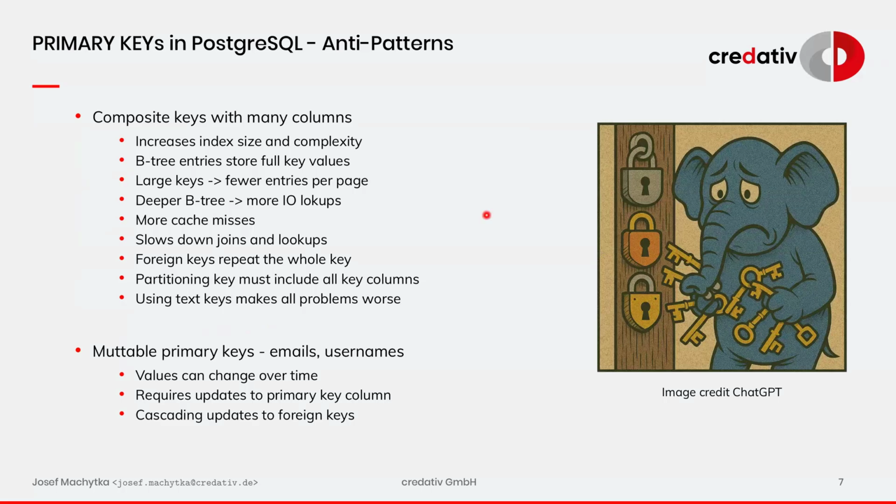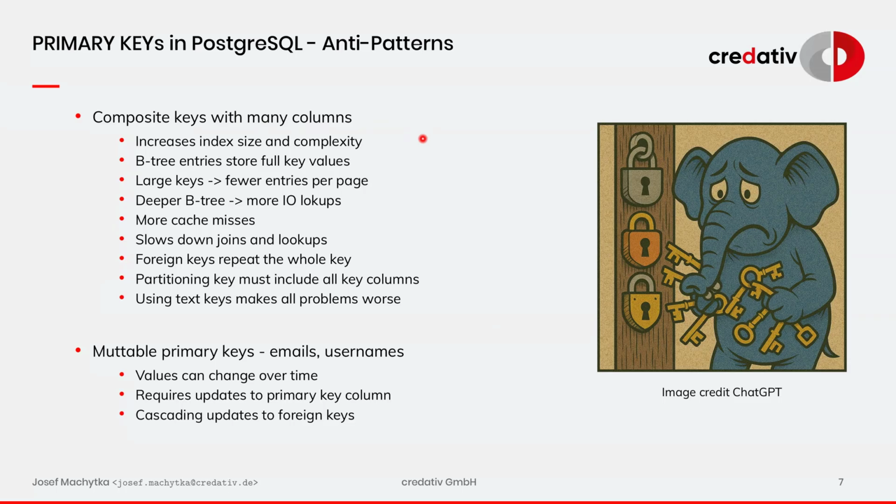There are also some anti-patterns for choosing primary keys in Postgres. The first of them is a composite key with many columns. This is really bad for performance because it increases index size and complexity, because B-tree entries in Postgres store full key values.